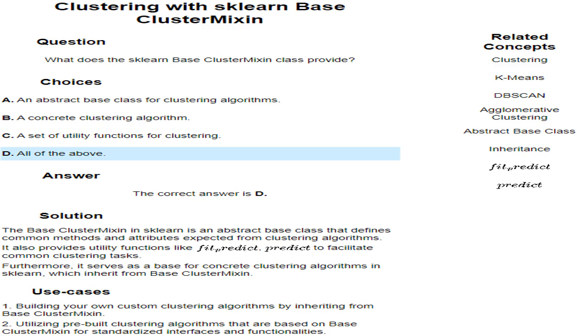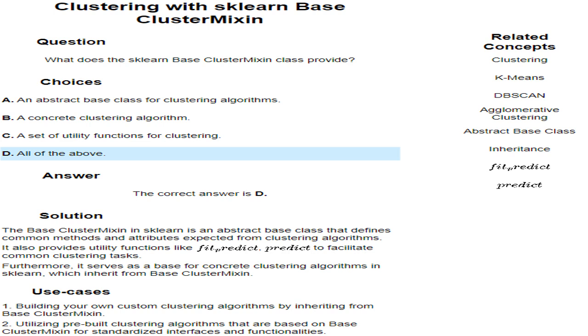Agglomerative clustering is a hierarchical clustering technique that starts by considering each data point as a separate cluster and iteratively merges the closest clusters until a desired number of clusters is reached. It creates a dendrogram representing the hierarchical structure of the clusters. An abstract base class, ABC, defines a common interface for derived classes but doesn't provide concrete implementations for all methods.